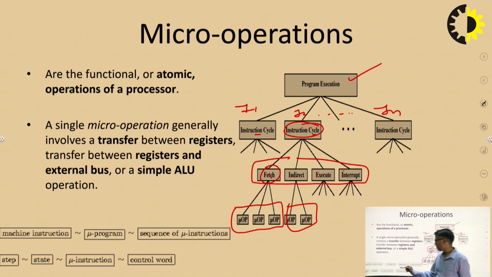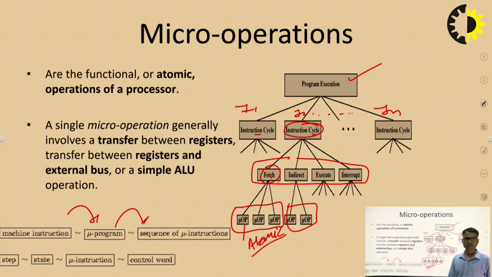So when we consider a machine instruction, it is broken into micro programs, and each micro program consists of micro instructions. So every instruction is first converted into a machine instruction, and for the corresponding micro instructions there is a set of micro programs that will be executed one after another in the form of fetch, indirect, execute, and interrupt, and each micro program has a sequence of micro instructions that will be executed, and this is the smallest atomic operation that will be performed.